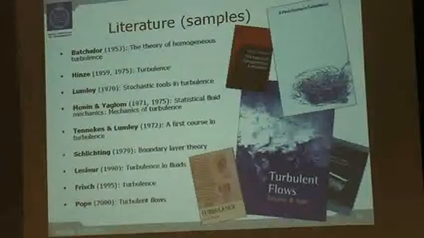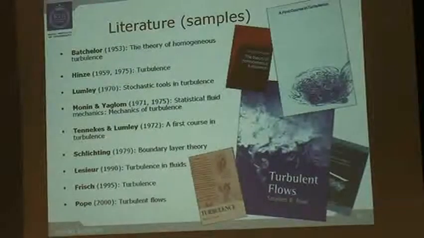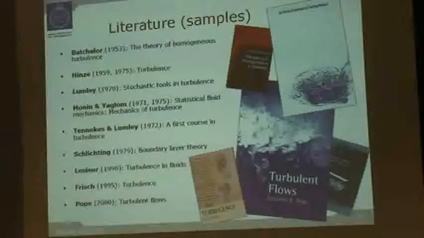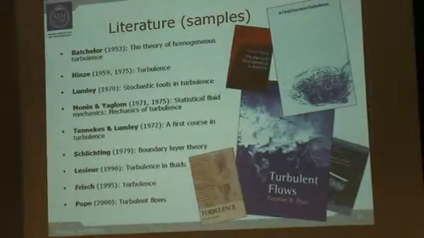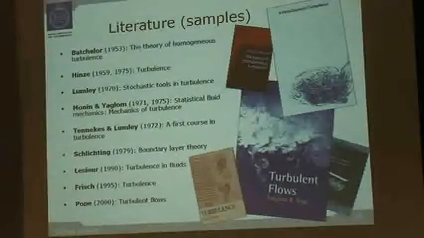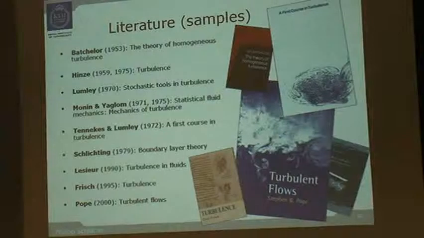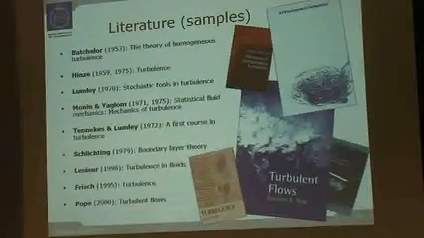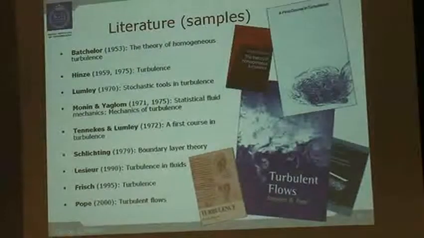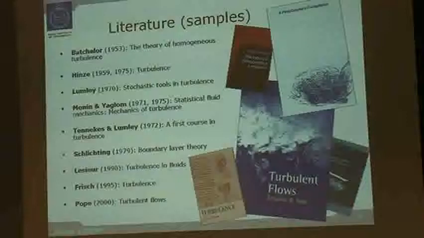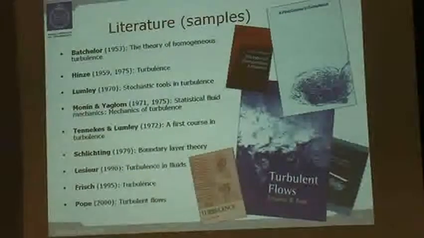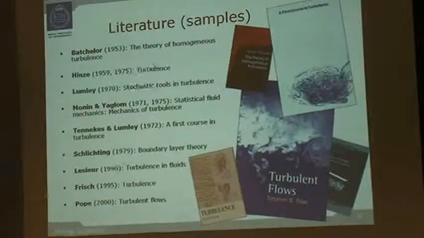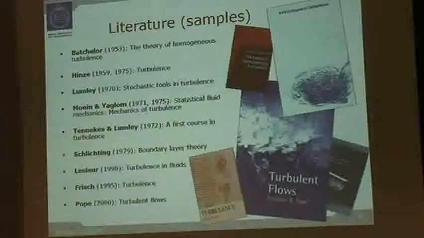Then it continues here with Schlichting about boundary layers. We have here a book by Monin from Russia. Then the very nice book by Uriel Frisch, essentially about non-boundary turbulence. It's also a very nice book about the statistical theory of turbulence.